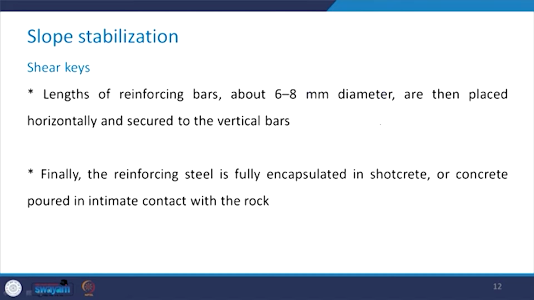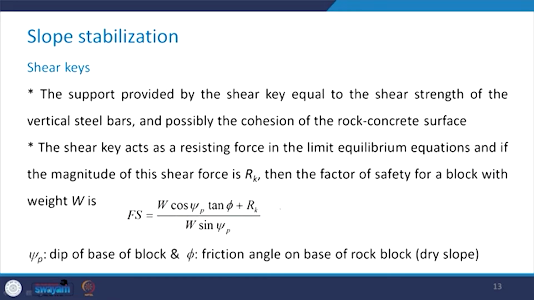Then lengths of reinforcing bars, about 6 to 8 millimeter diameter, are placed horizontally and secured to the vertical bars. Finally, the reinforcing steel is fully encapsulated in shotcrete or concrete, which is poured in intimate contact with the rock. So, this is the shear key.